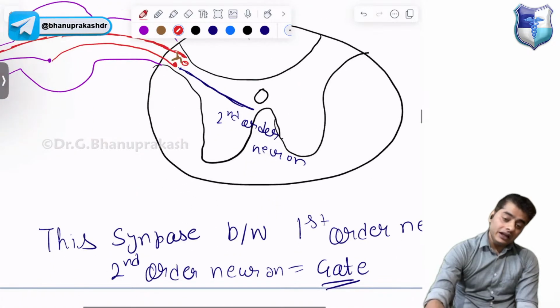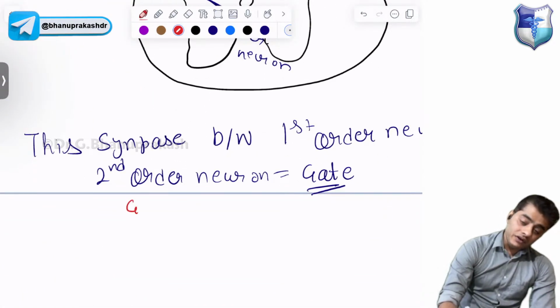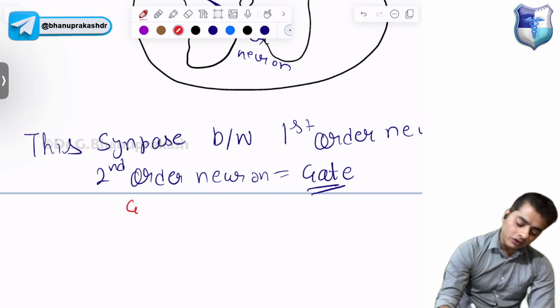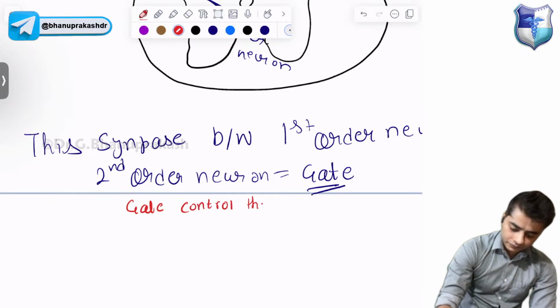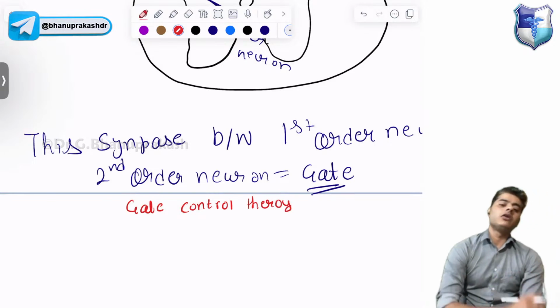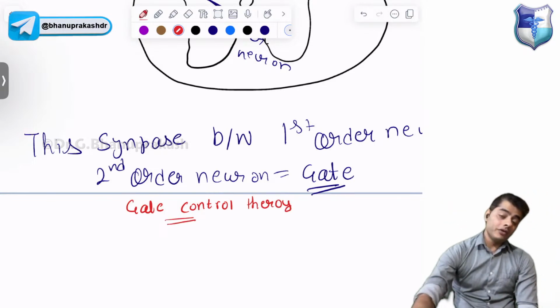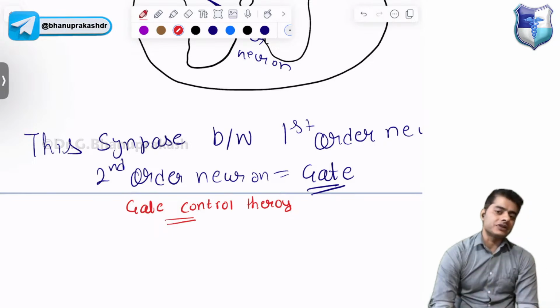If we are inhibiting something, we are controlling something. And if we are controlling a gate, we call it the gate control theory. So this is how it gets the name gate control theory. We all know that whenever there is pain and we massage that area, the pain subsides.